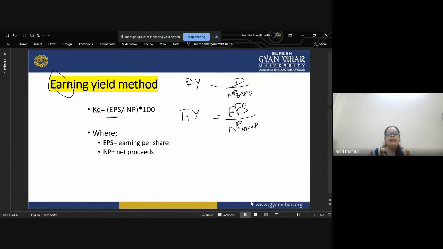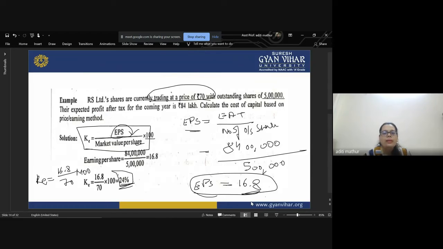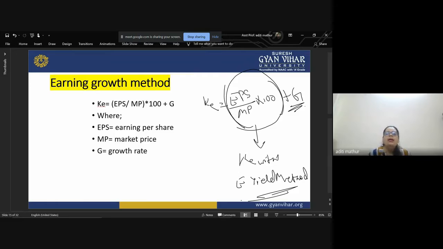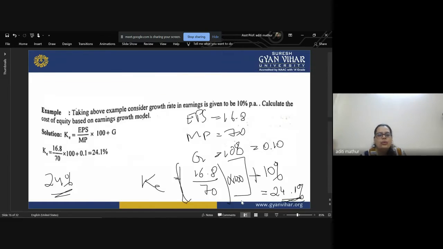Then earning yield is your EPS divided by NP or MP, whichever is given, into 100. This was one of the questions. And then earning growth rate is EPS divided by MP into 100 plus your capital G, that is growth.